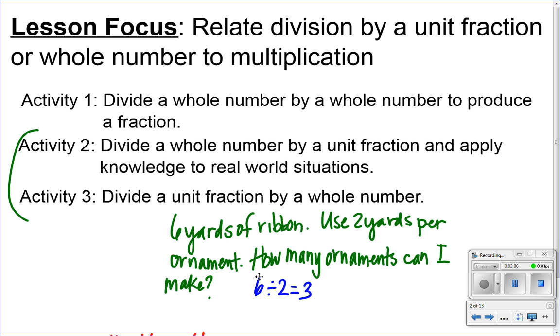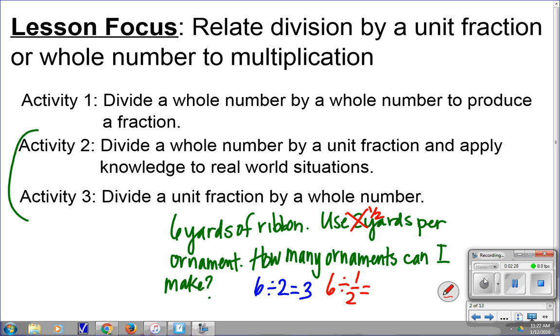Are you ready? Now I want you to consider that I have the same 6 yards of ribbon, but now each ornament requires a 1/2 a yard per ornament. What do you think the answer is going to be? Okay, so you might be struggling, and that's good.